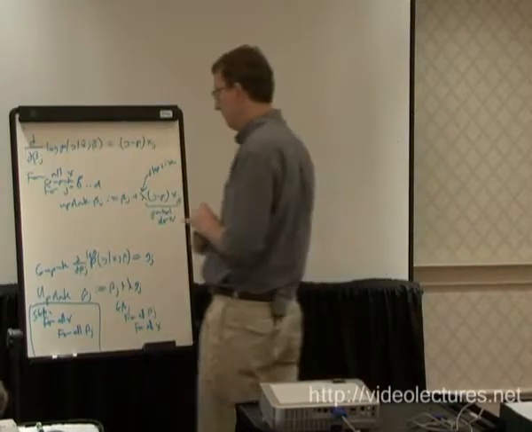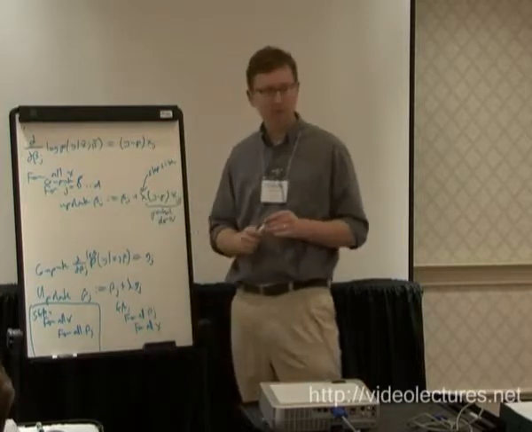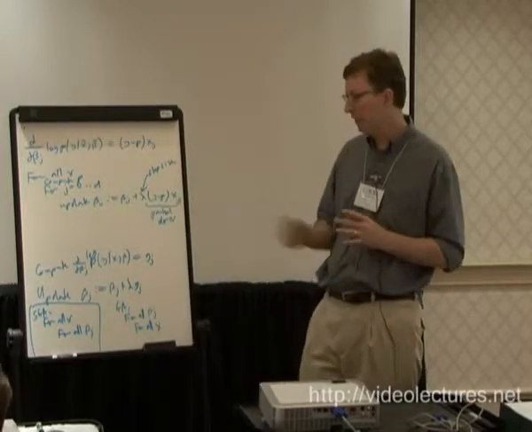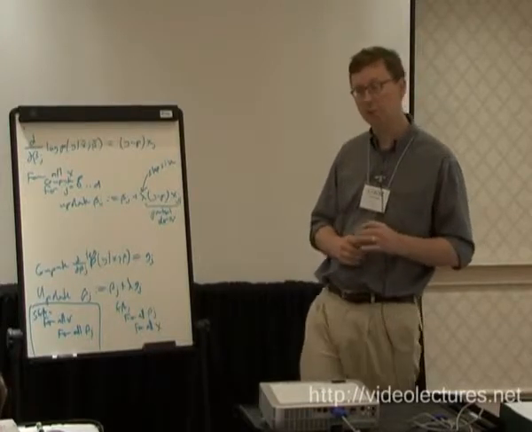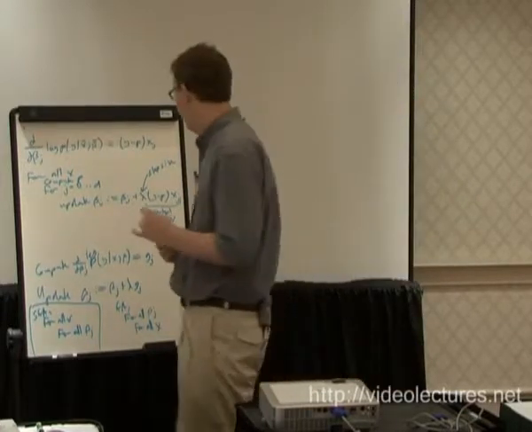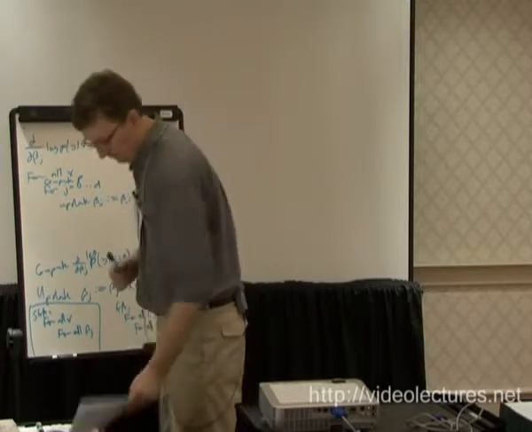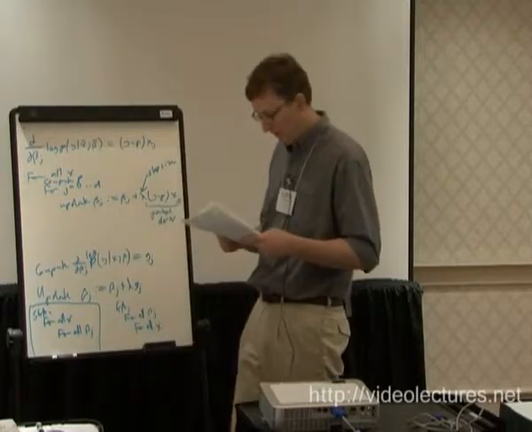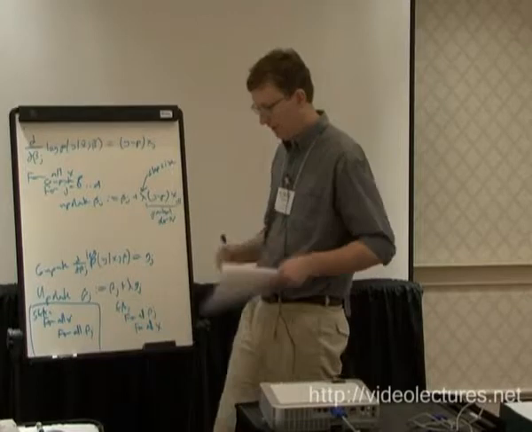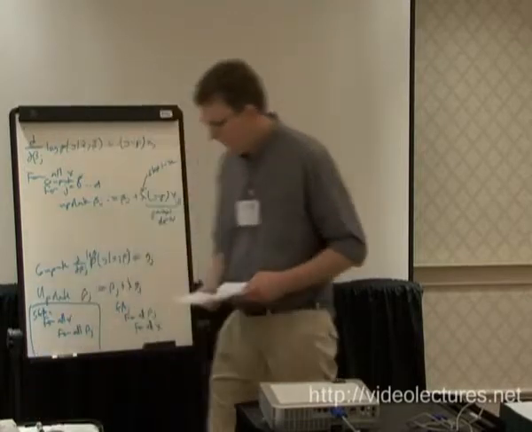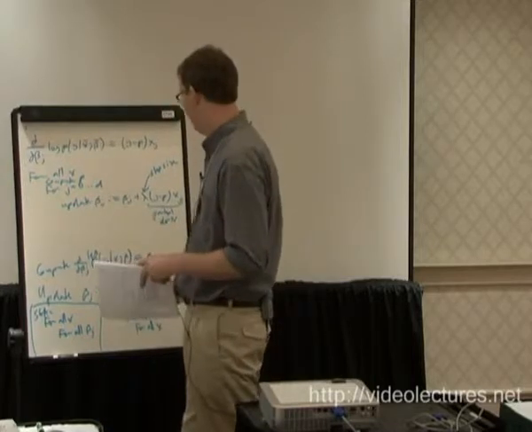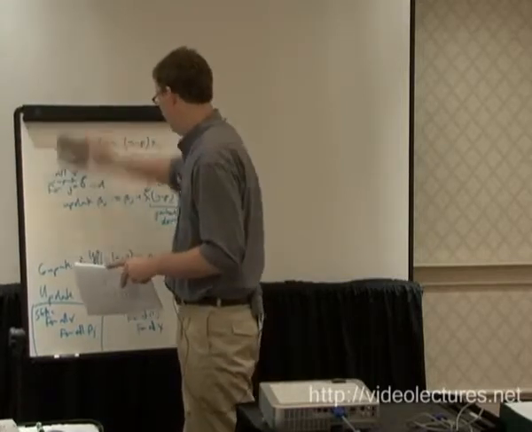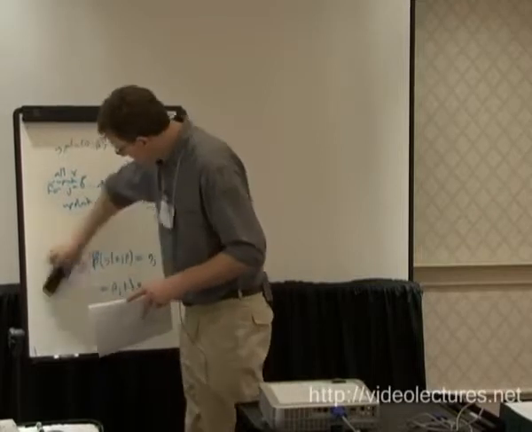In practice, the algorithm is very useful for a lot of reasons, one being that it's so easy to implement. We're going to take a break in a few minutes.